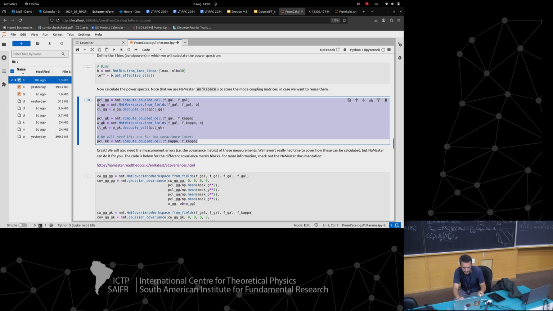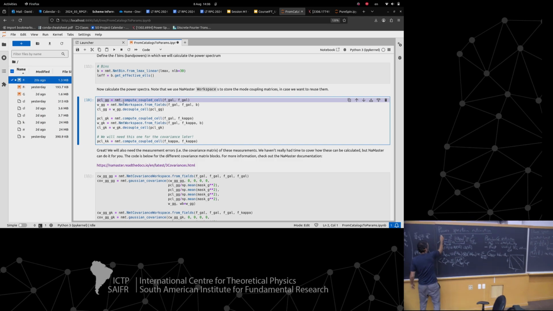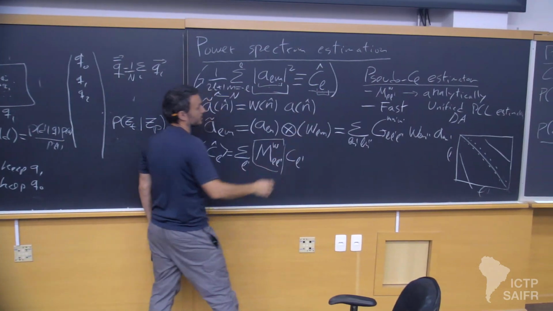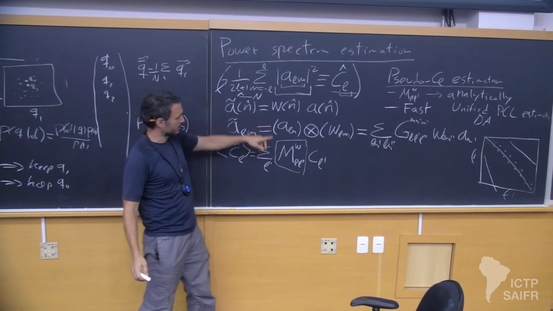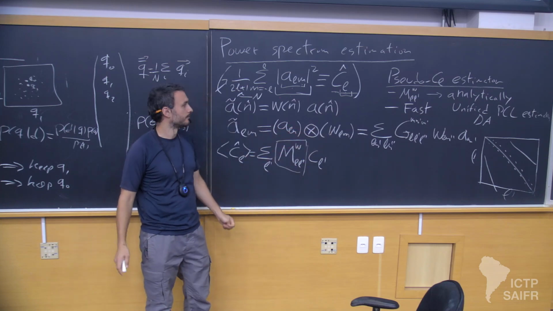So let's look at these three lines. These are the three lines that we use to calculate the power spectrum of the galaxies. The first one, compute coupled CL, just calculates this thing. It's called the coupled CL because it has all the mode coupling caused by the mask itself.